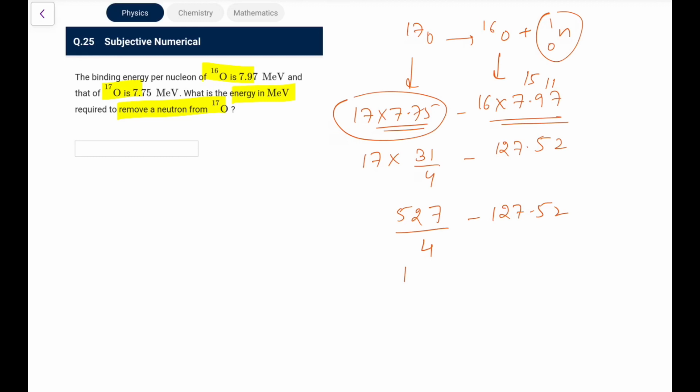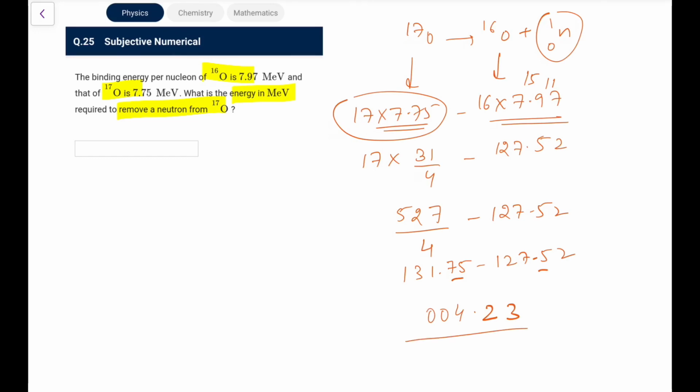If you do this, 527 by 4 is 131.75, minus 127.52, so 4.23, that is what I am getting.